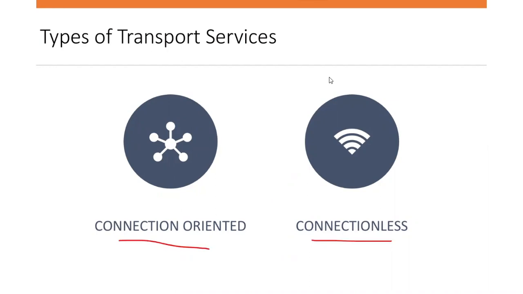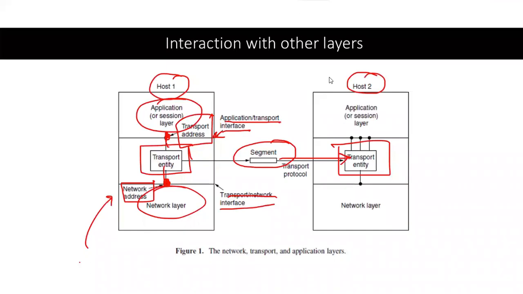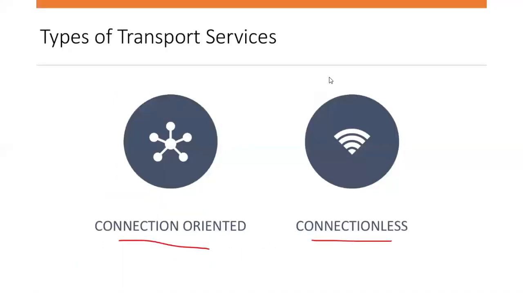Connection-oriented, as you can understand from the name itself, means that prior to transfer of any data, a connection must be established between the transport entity in host 1 and the transport entity in host 2. So both the parties must be ready to communicate. Only after that can communication take place, and once the data transfer is over, the connection can be released.